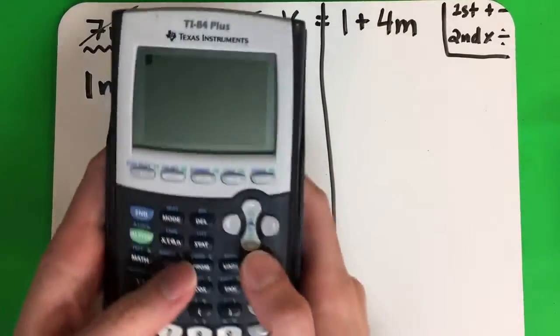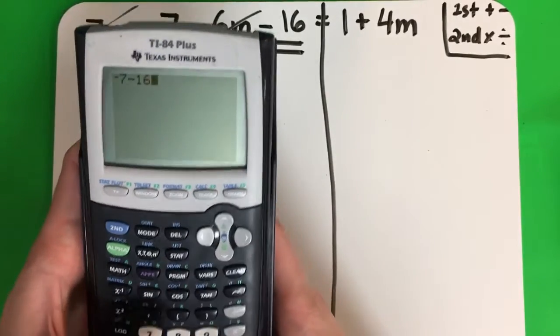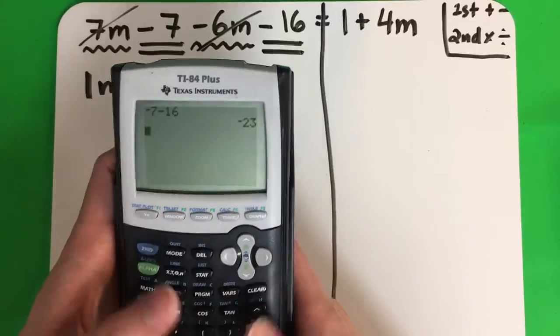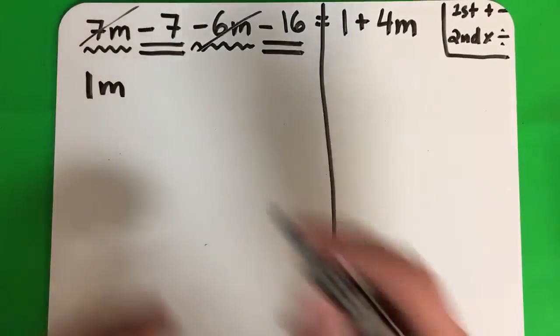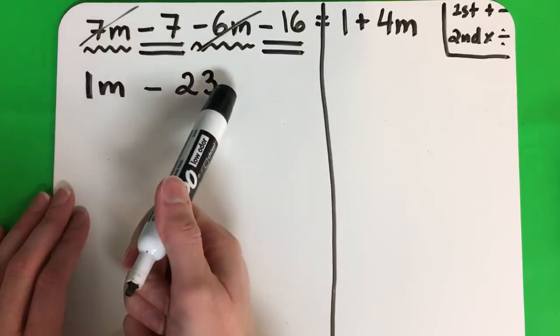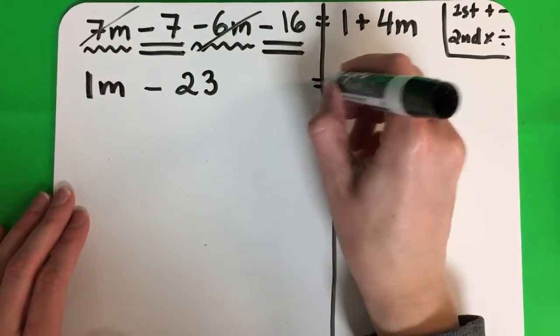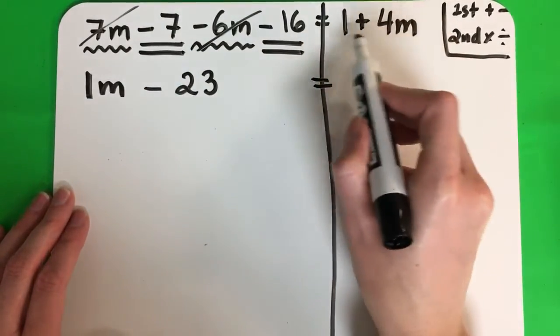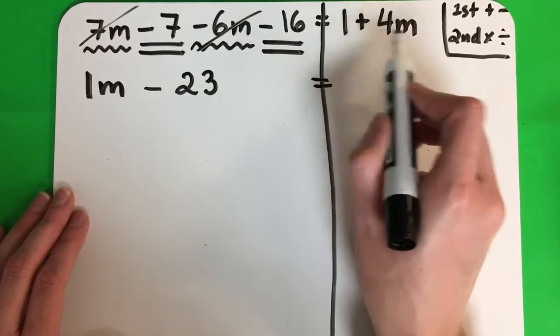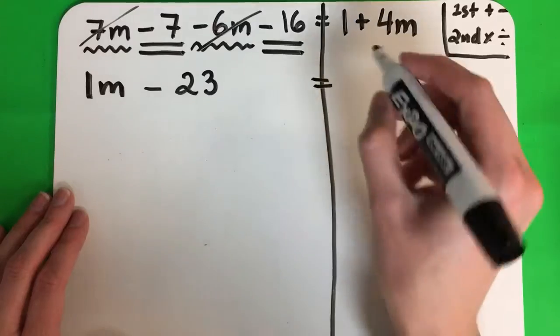So in the calculator, negative 7 minus 16, negativo 7 menos 16, negative 23. No letter, so no letter. Equals. These are different, son diferentes. Here no letter, here it's M. Aquí no hay letra, aquí hay M, so it's different, so copy.